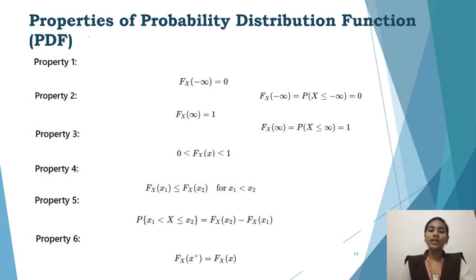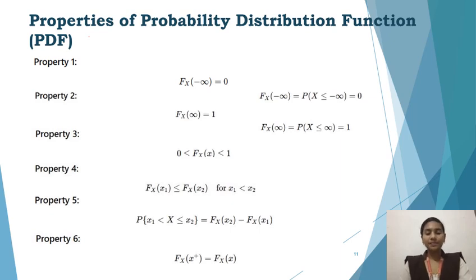This expression may also be written as FX of infinity is equal to the summation over x from minus infinity to infinity of p of x is equal to 1 for discrete random variables, or the integral from minus infinity to infinity of fX of x dx is equal to 1 for continuous random variables.